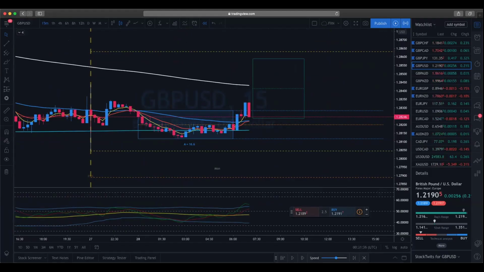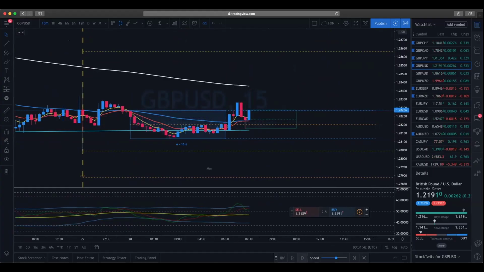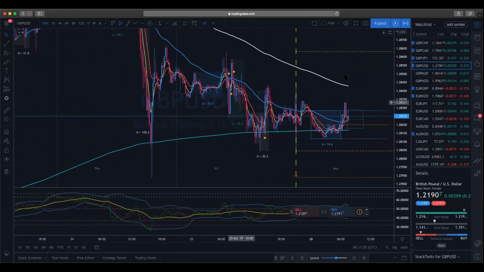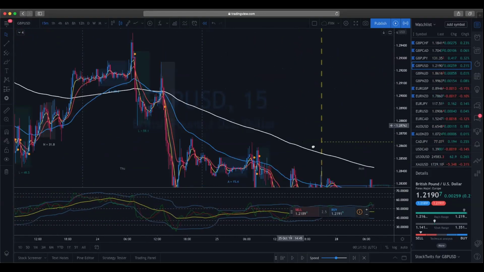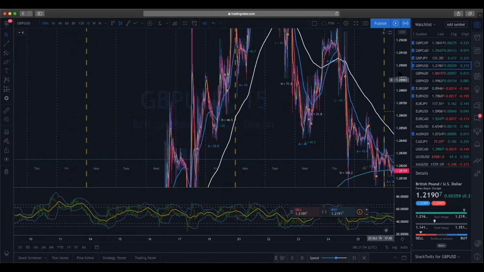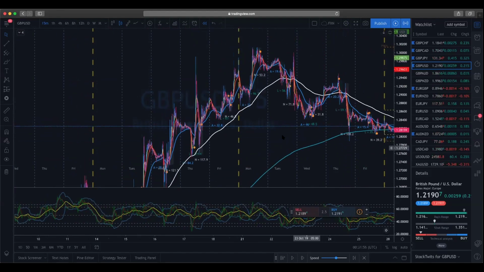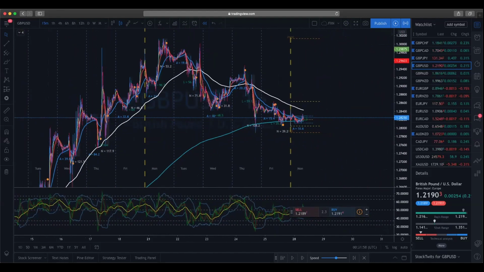Let's see what we can come up with on this. And you guys tell me what you're thinking as this starts to develop. Because so far, if you zoom out, it looks like this whole thing right here is a peak, right?